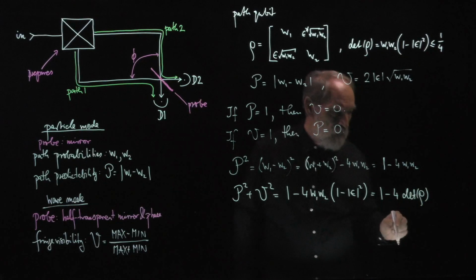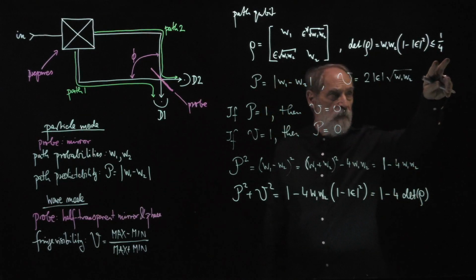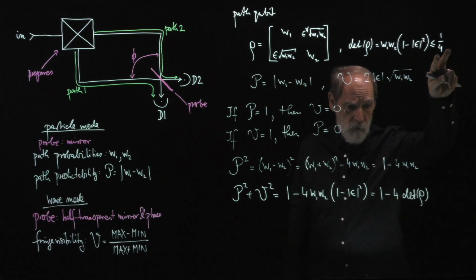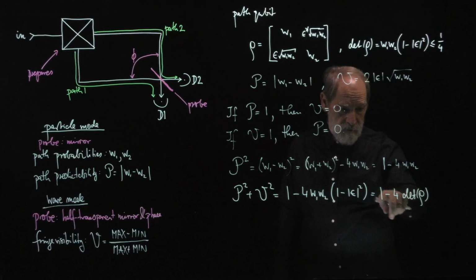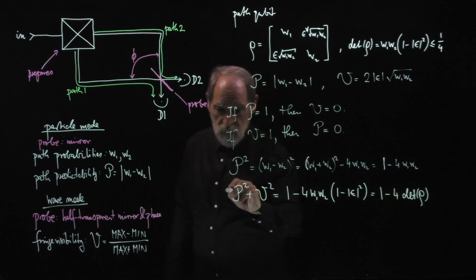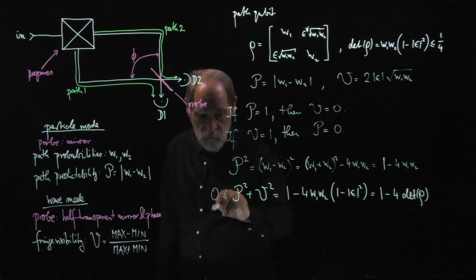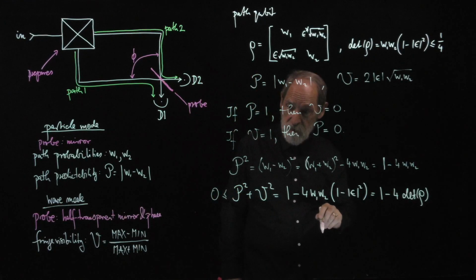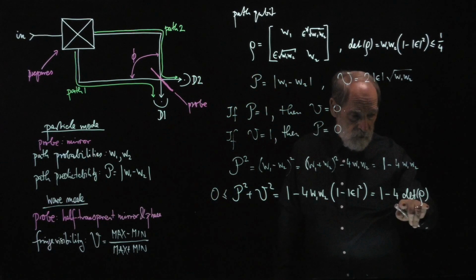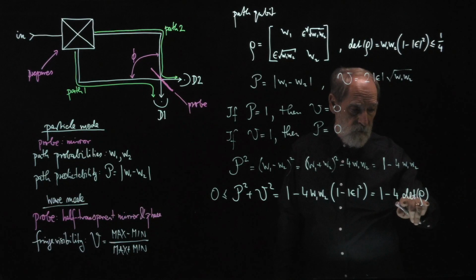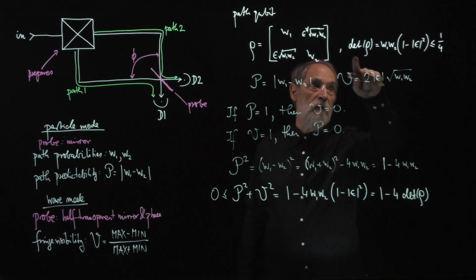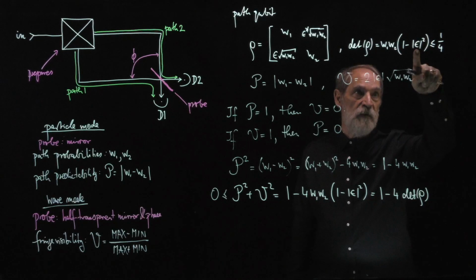Right, so the determinant at most can be equal to a quarter when all of this is 0, but we already know that this sum of P² plus V² cannot be less than 0. And the smallest value for the determinant of rho that we can have would be 0. That happens when ε² is equal to 1.